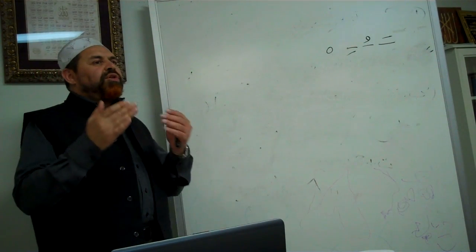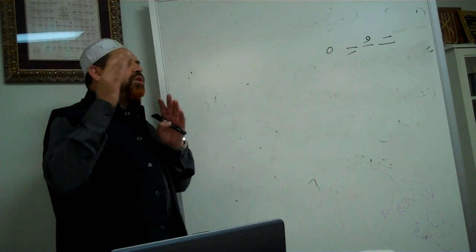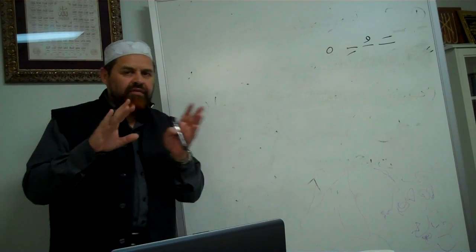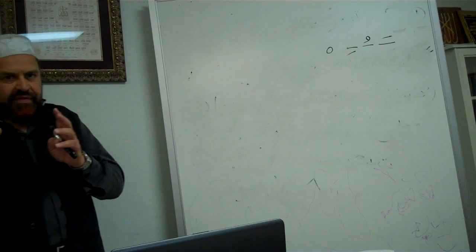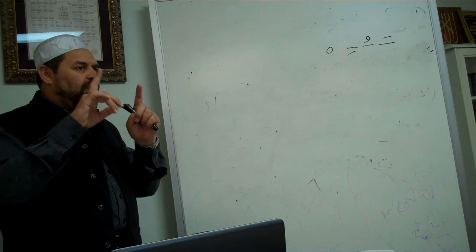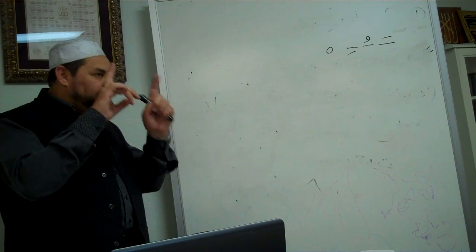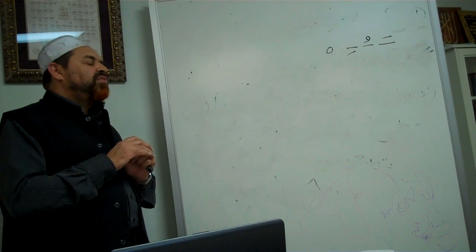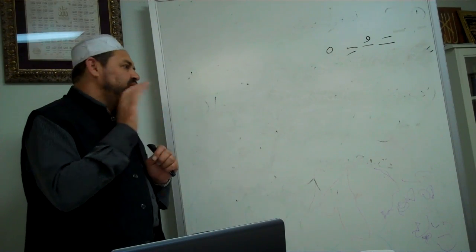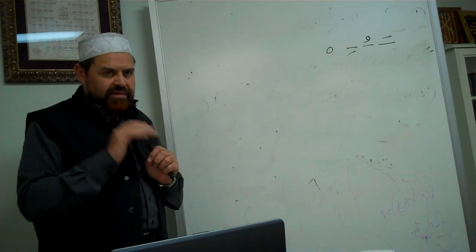Okay, so refresh your memory about alif, vav and ya, long vowels, right? We learned them. We are not talking today about alif. We are only talking about vav and ya. The second function of vav and ya is the consonant, vav or ya as the consonant, not as the long vowel.